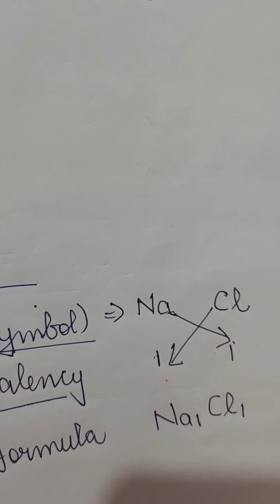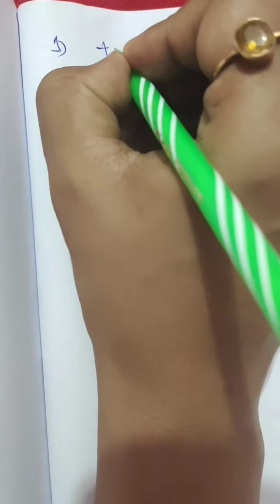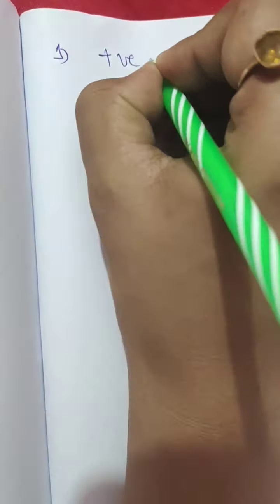I will give you a few more examples in this. So first, we have to keep a few things in mind. There are some steps or some things which have to be kept in mind, that whenever we write a symbol, we have to write the positive ion on the left side, because some students will be confused about what should be written on the left side and what should be written on the right side.